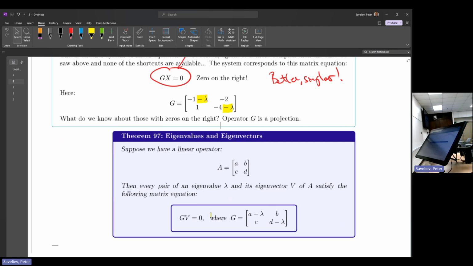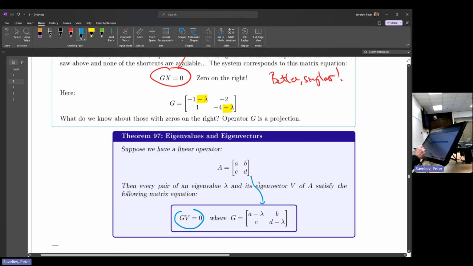A is A, B, C, D, as always. Every pair of an eigenvalue and an eigenvector, lambda and V, of A satisfies the following matrix equation: GV is equal to zero, where G is given by this new matrix produced directly from the original. We add negative lambda, we have a new operator, and then the equation that needs to be solved is really simple.